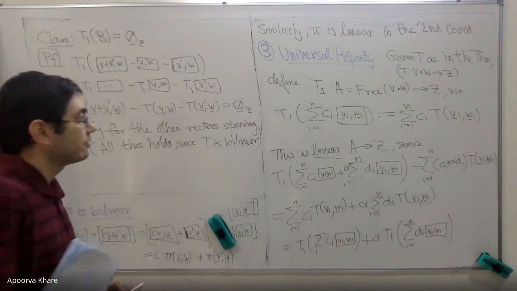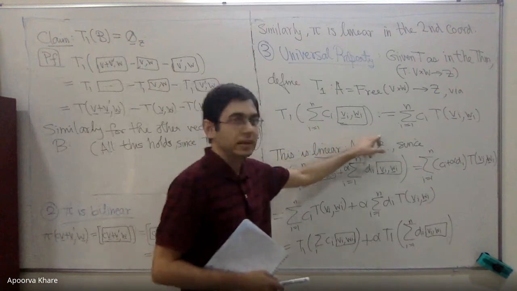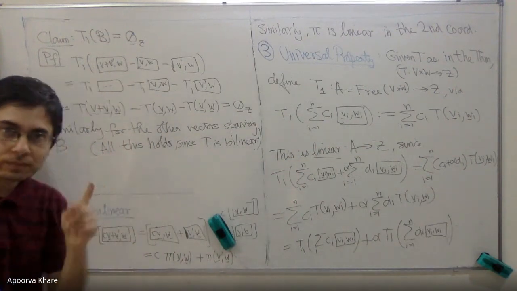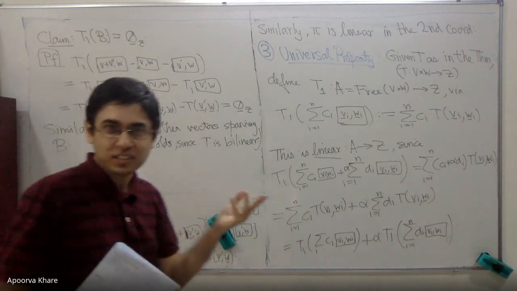So now what do we have? We have a linear map from A to Z which takes B to 0. And this is where you have to remember the homework, I think 6 or 5.